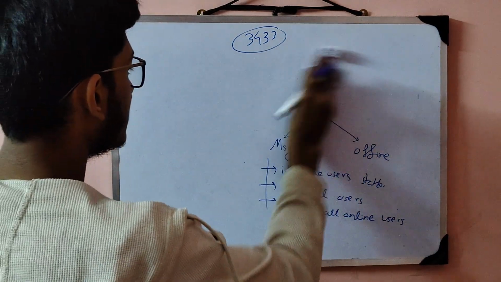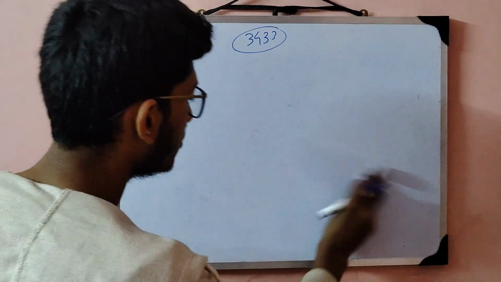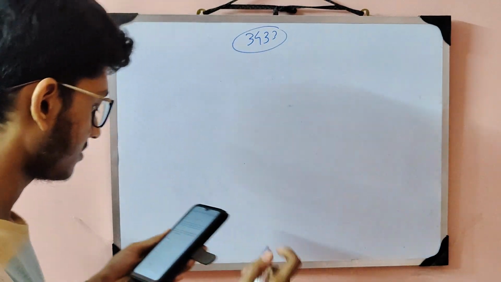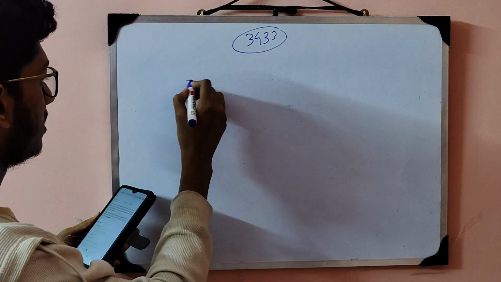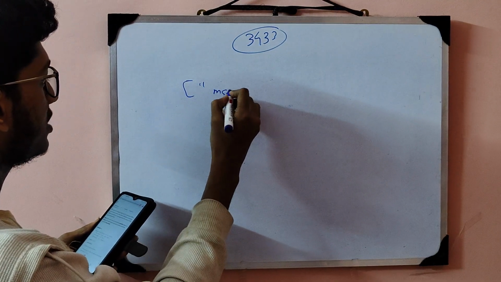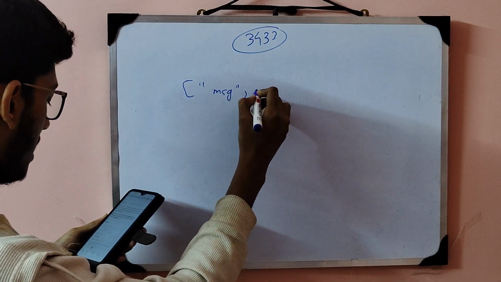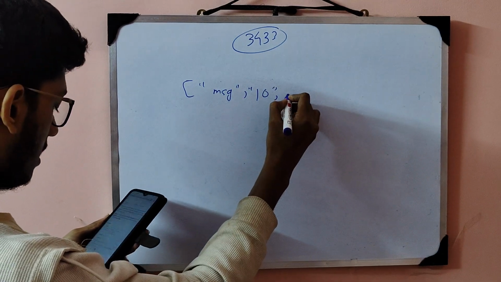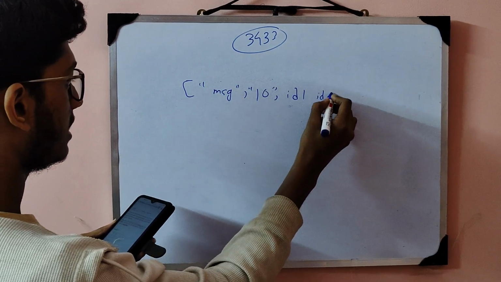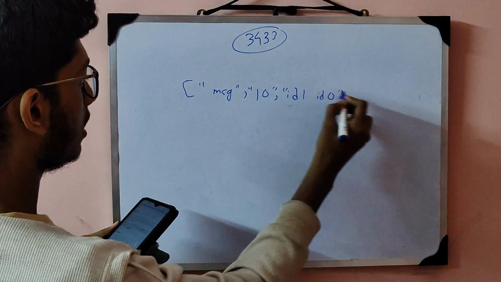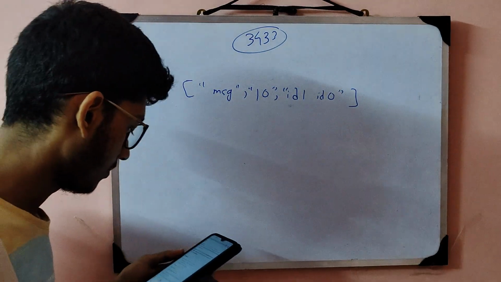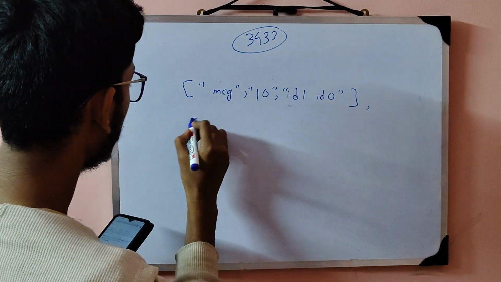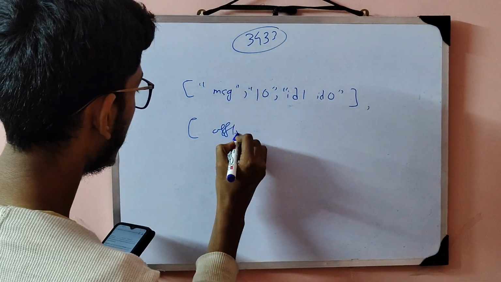So suppose we are going on to the example. The first one is message. The timestamp is 10 and ID 1 and ID 0. This is my first event, and my second event is offline.